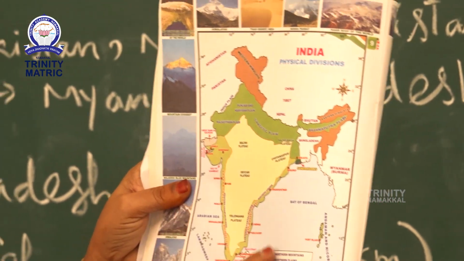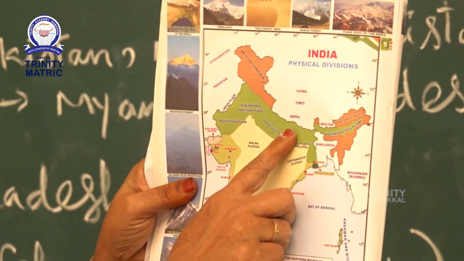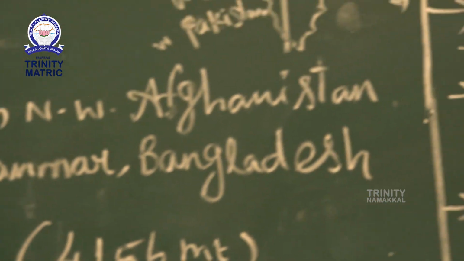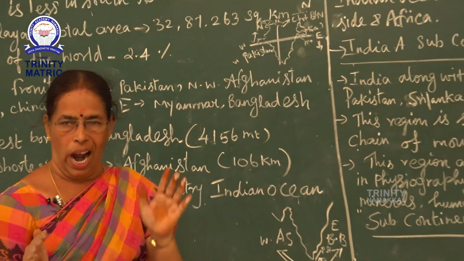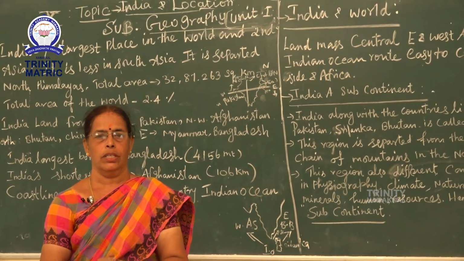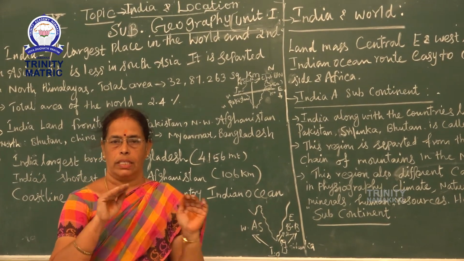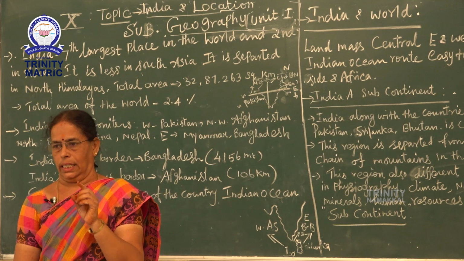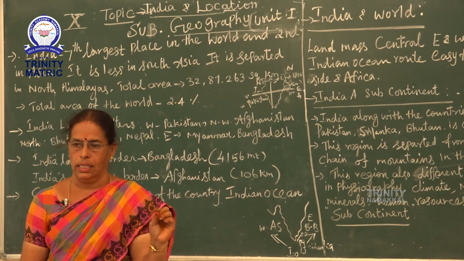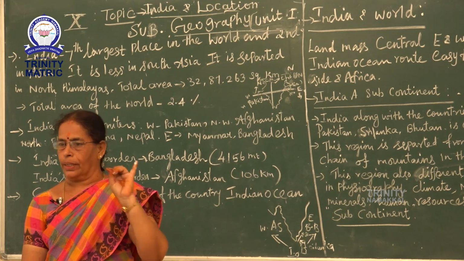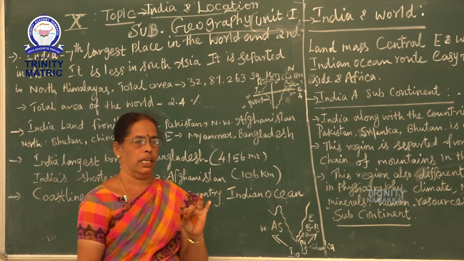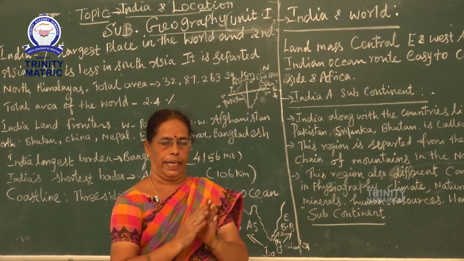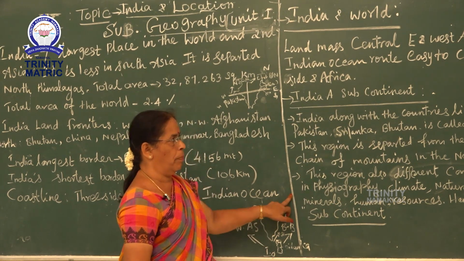The different characters: physical divisions, plains, coastal areas, rainfall areas, minerals, human resources, wildlife, natural vegetation. So India is called a subcontinent. Let me recall the point: India is called a subcontinent because physiography, climate, natural vegetation, minerals and resources are all different.